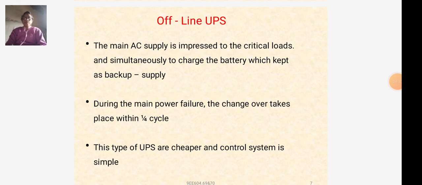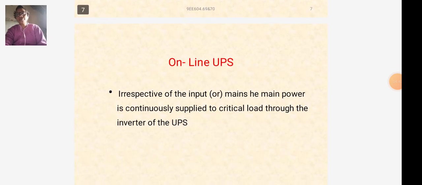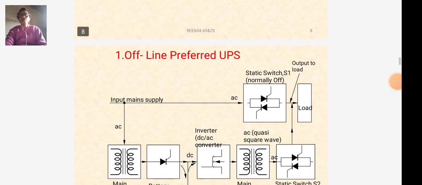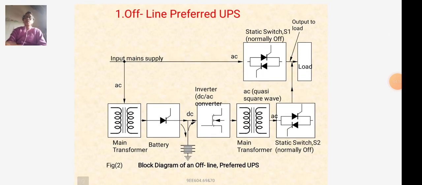This type of UPS is cheaper and the control is simple. In online UPS, irrespective of the input mains, power is continuously supplied to the critical load through the inverter of the UPS. So, this is the diagram for the offline preferred UPS.